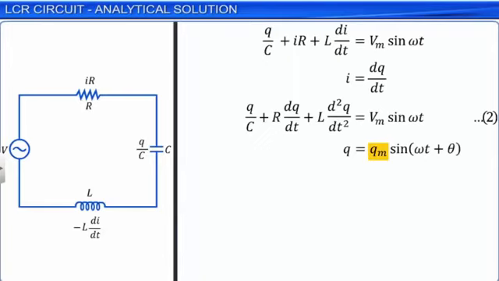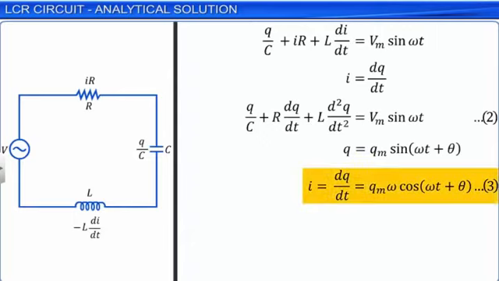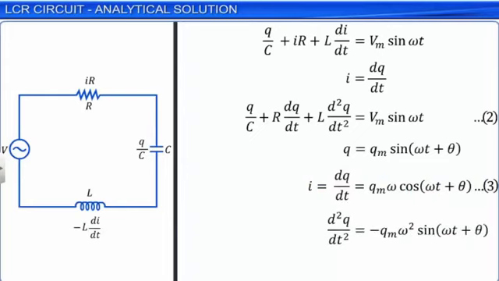Then, we have i equal to dq by dt, equal to Qm omega cos(omega t plus theta). Let this be equation 3. Similarly, we have d square q by dt square equal to minus Qm omega square sin(omega t plus theta).